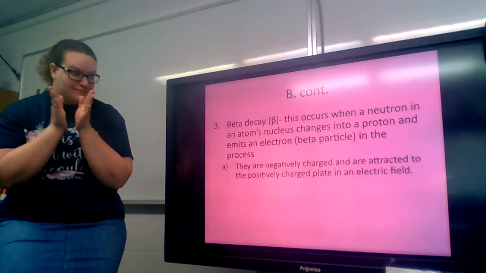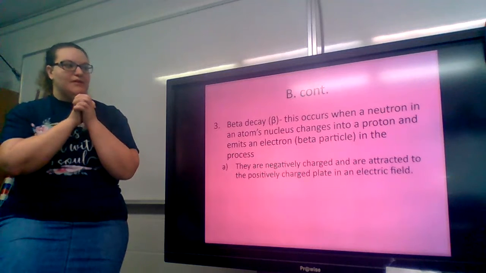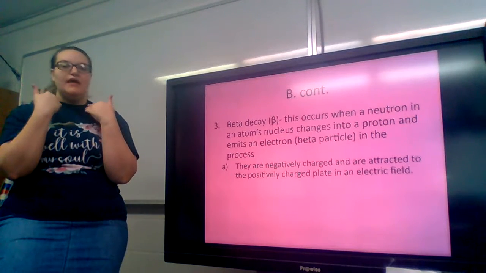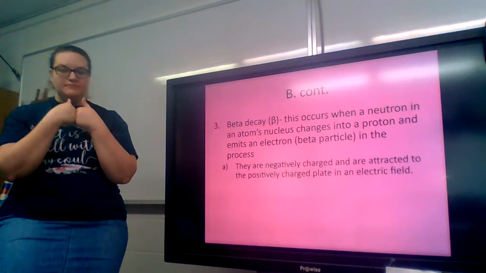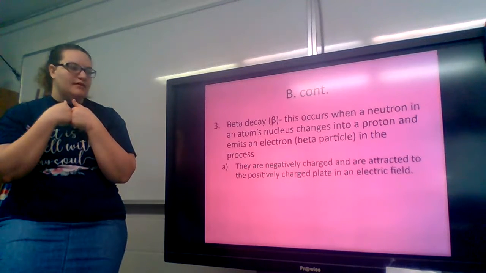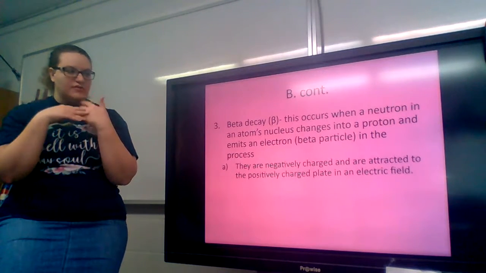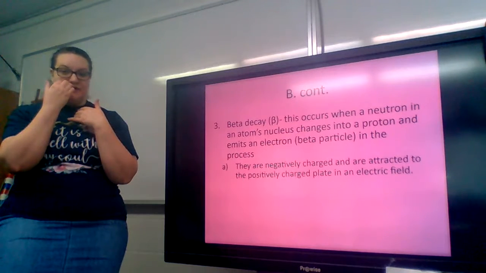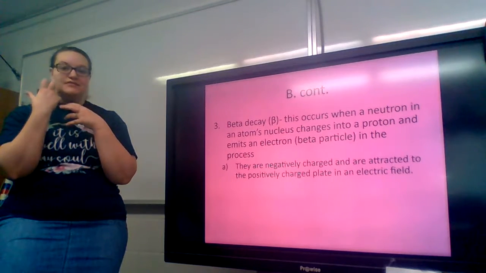So anyway, a neutron changes into a proton, and it kicks out an electron during the process because it is seeking that stability.